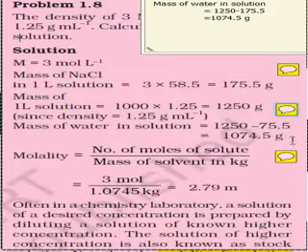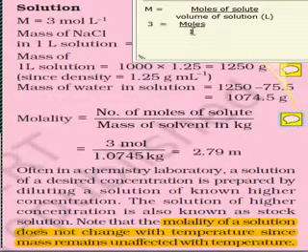1074.5 gram. Now molality is equal to number of moles of solute divided by mass of solvent in kg. Now we know molarity is equal to moles of solute upon volume of solution in liter. Now here we have 1 liter solution and 3 as molarity given in the question. So we will have moles is equal to 3 into 1, that is 3 moles.